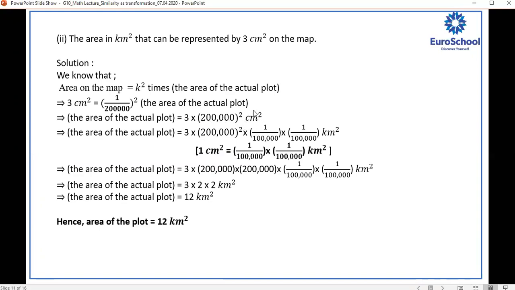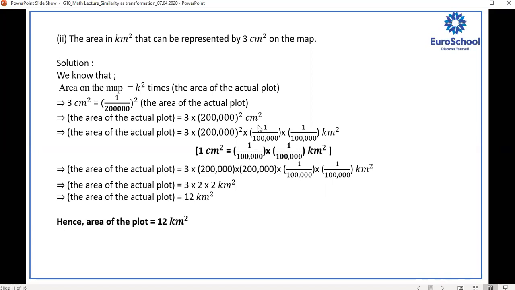I have mentioned units here because we have to convert it later, right? Okay, 3 into 2 lakh square into 1 upon, now centimeters. I am not doing any calculation here.